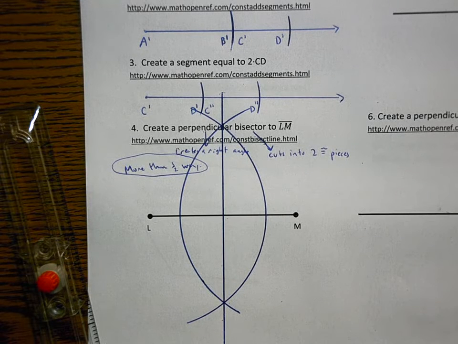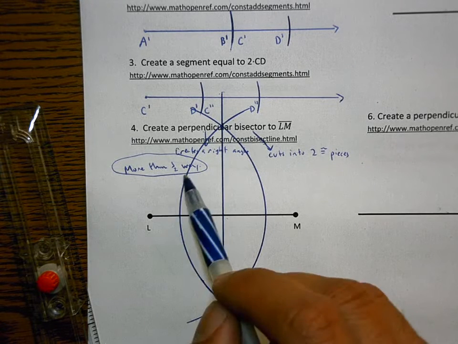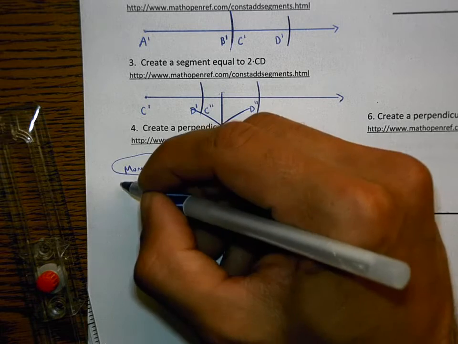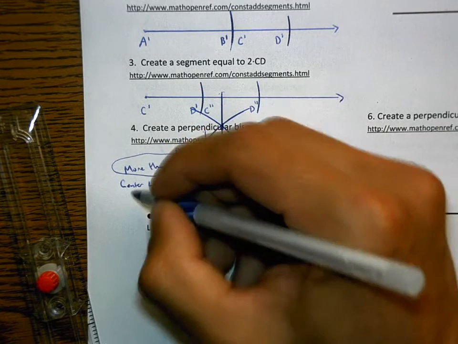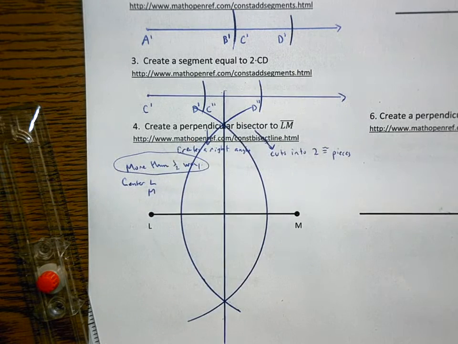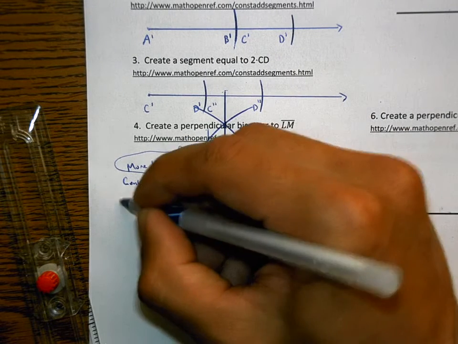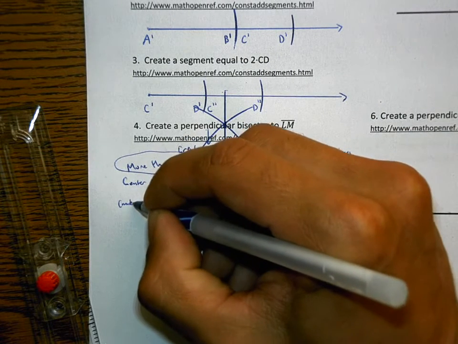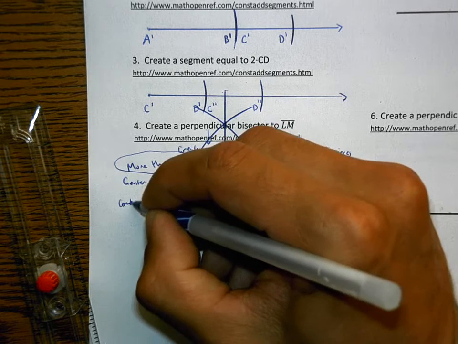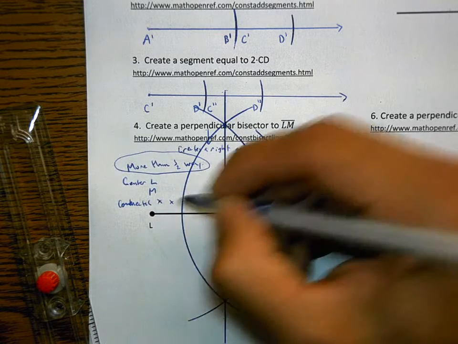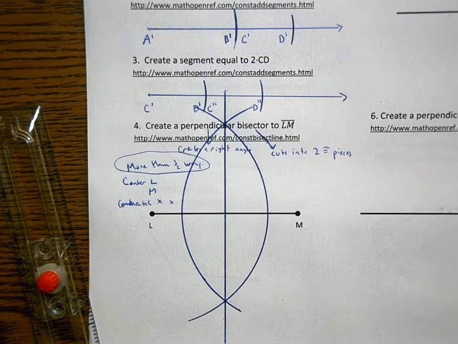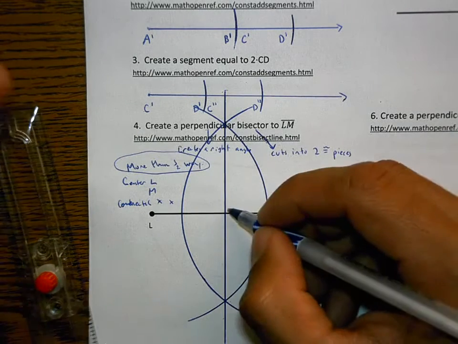If you want to know how we did this, we went more than halfway on our slider, did a center at L, and then a center at M, and then we connected the two X's.